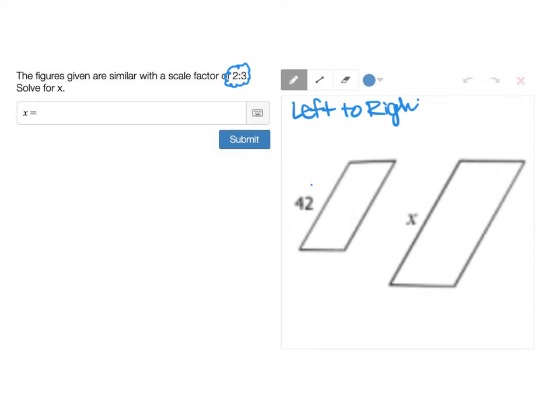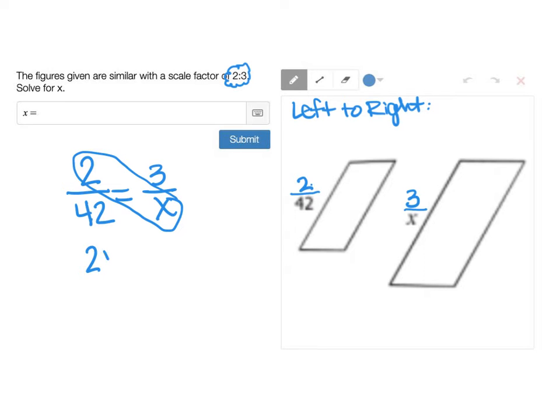So I like to take my scale factor numbers, which in this case are 2 and 3. 2 goes on the left, 3 goes on the right, and there's our fractions. So I'm going to solve 2 over 42 equals 3 over x.